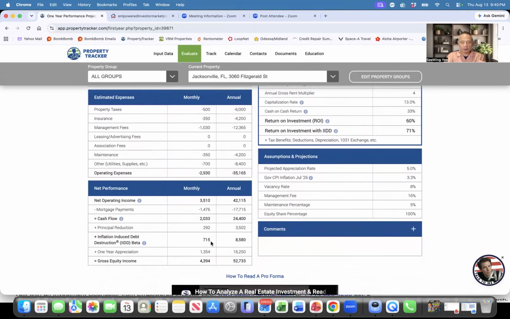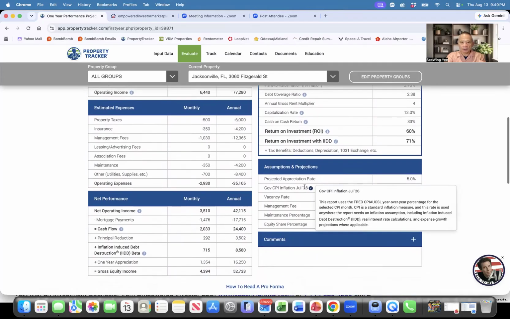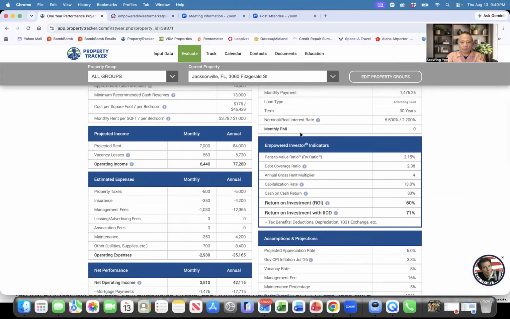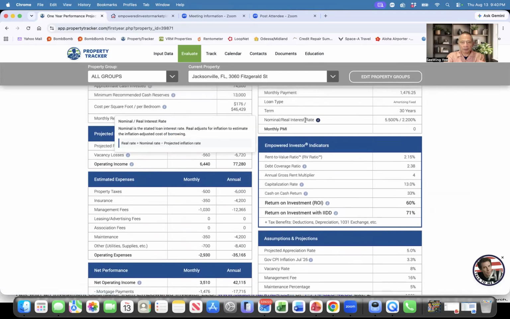So that's the key, because the 5.5% is a nominal rate, as you can see right here. The explanation, nominal versus real interest rate: nominal is the stated loan interest rate, stated on paper.